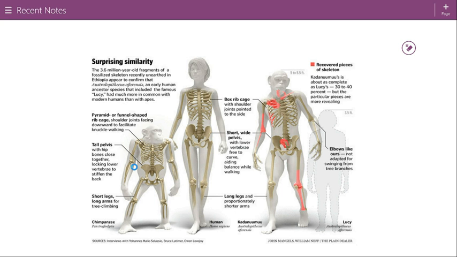And then also there was the part about the Nebraska man and how they found a single tooth. And from that, an artist was commissioned to make a portrait of this based on a tooth. Now, there's clearly no way he could do that, so he said, okay, I've been told to draw an ape man, so I'll draw an ape man.